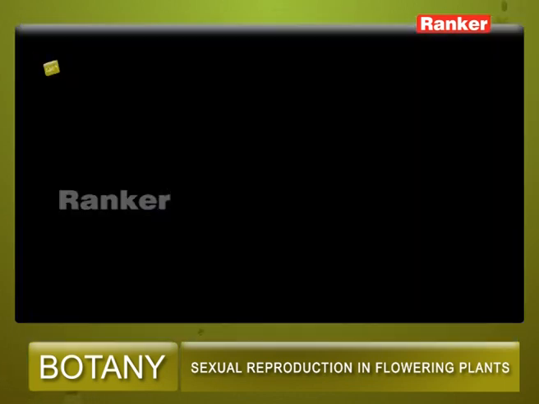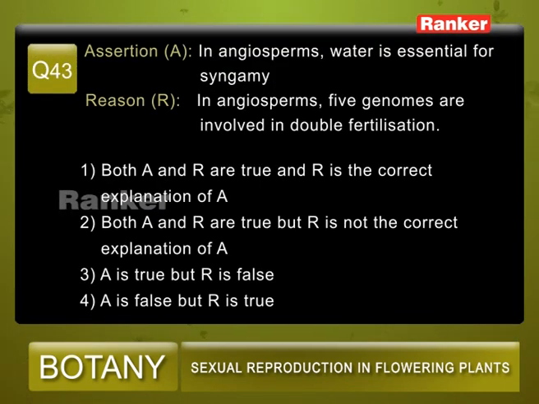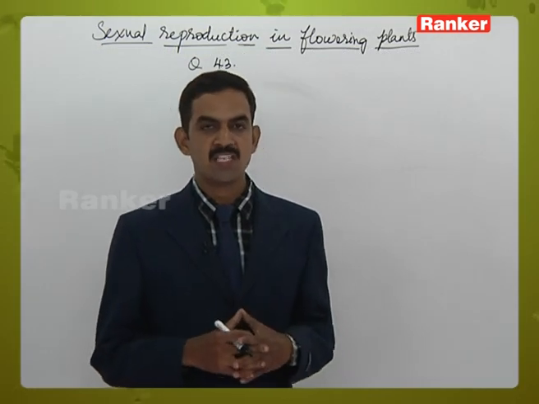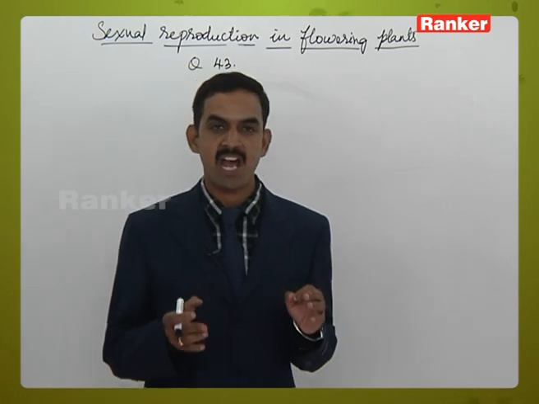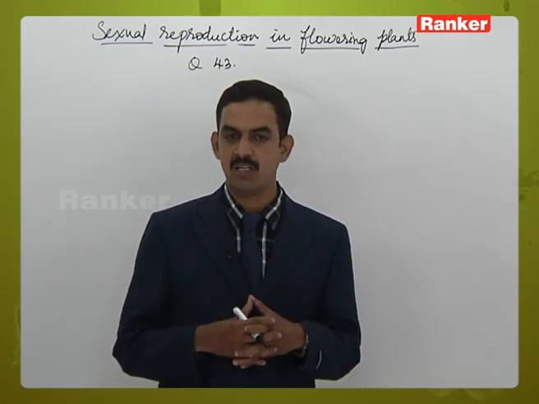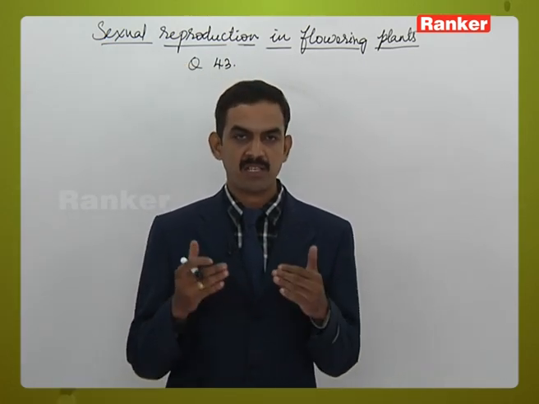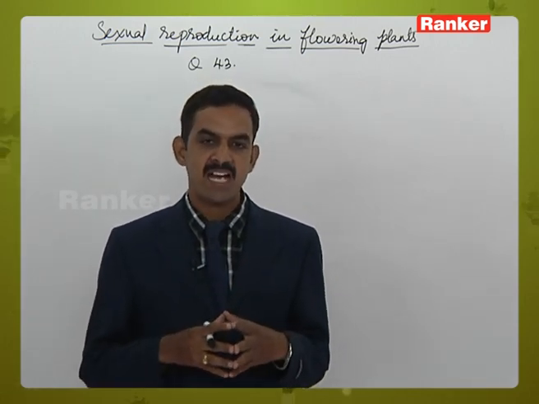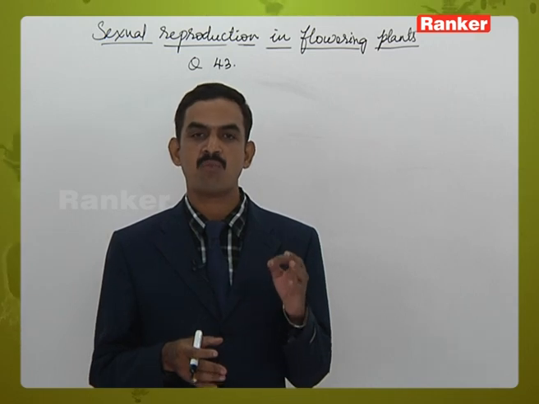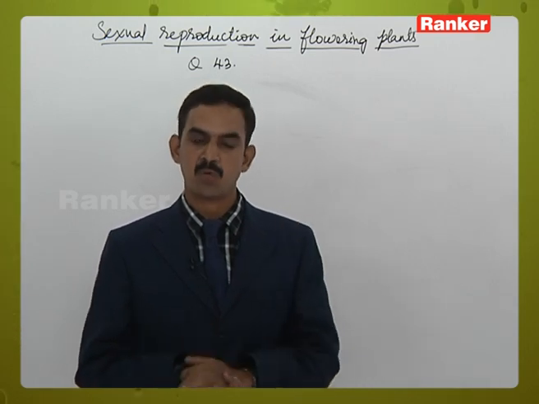Question number 43, assertion: in angiosperms water is essential for syngamy. Reason: in angiosperms 5 genomes are involved in double fertilization. Okay, here angiosperms are highly evolved plants on the earth which are highly adapted for terrestrial habitat, and one of the reasons why they are adapted to the terrestrial habitat is there is no need of water for the fertilization process.